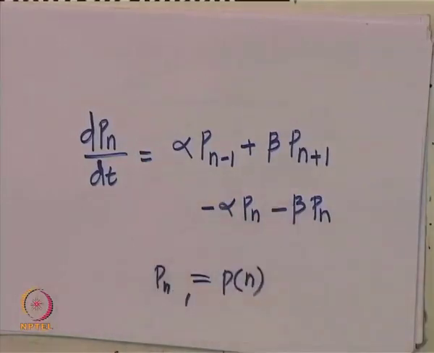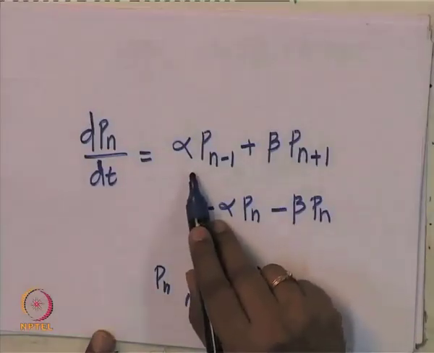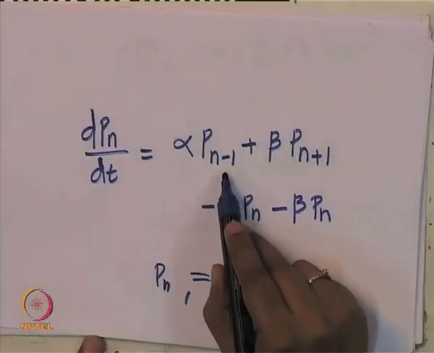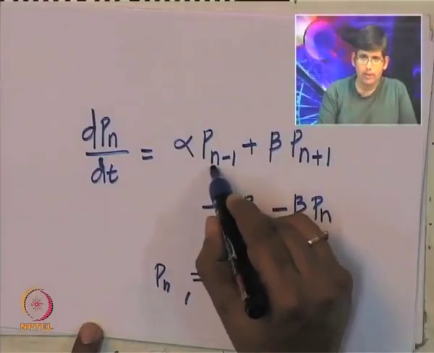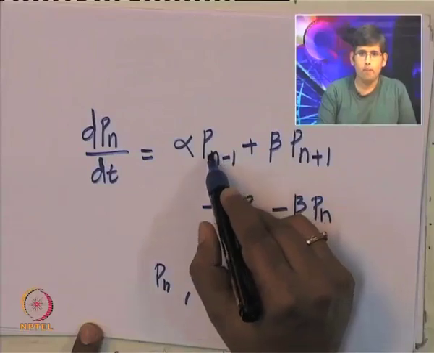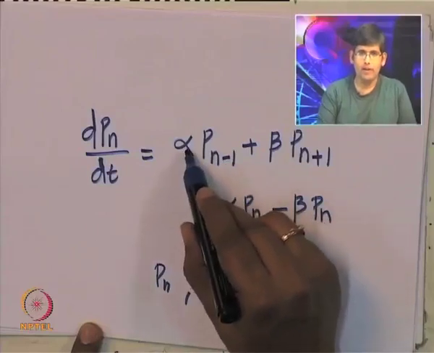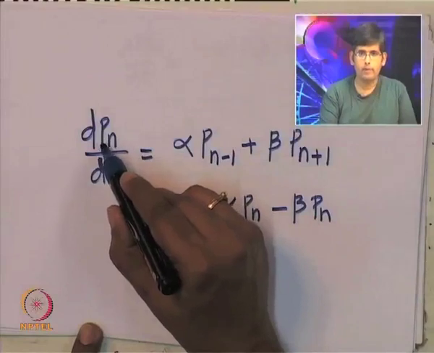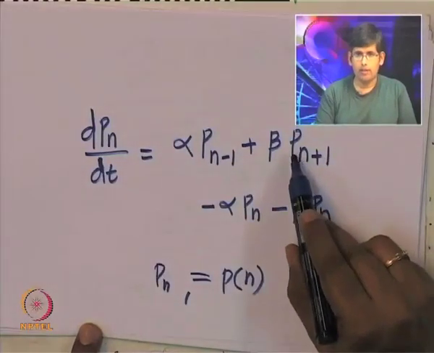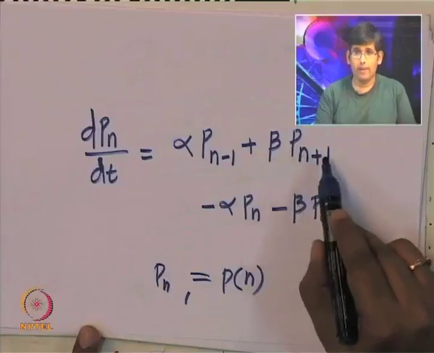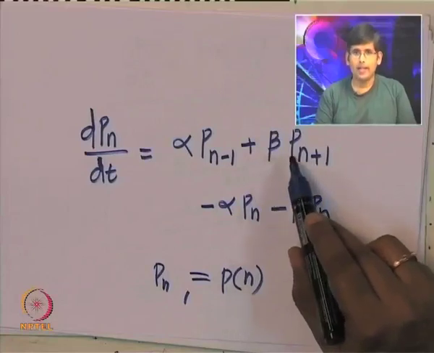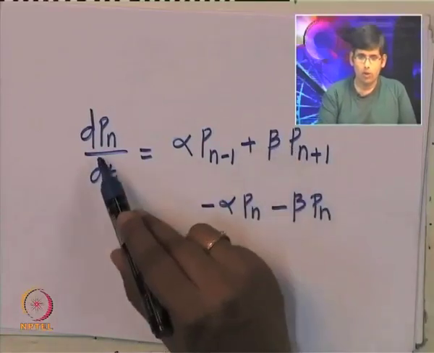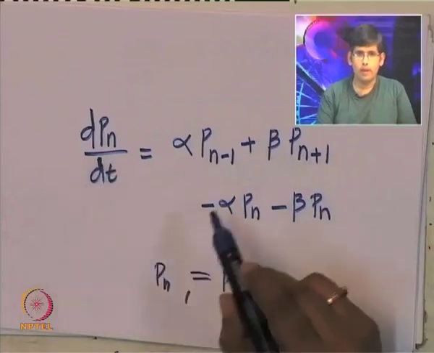So, what does this mean? This means that if there are a lot of filaments with n minus 1 monomers, they can polymerize with a rate alpha and go to P n. If there are a lot of filaments with n plus 1 monomers, they can depolymerize with the rate beta and then go to P n.